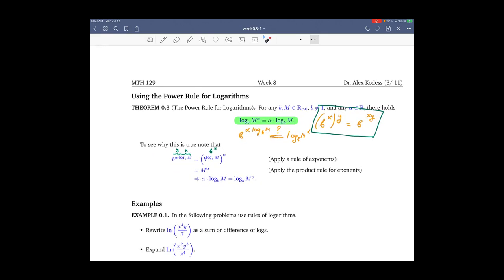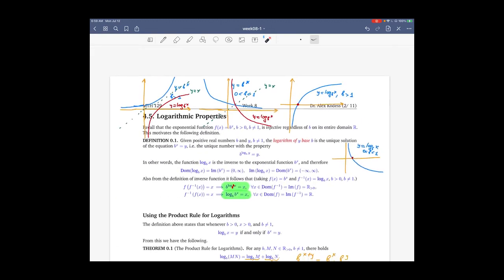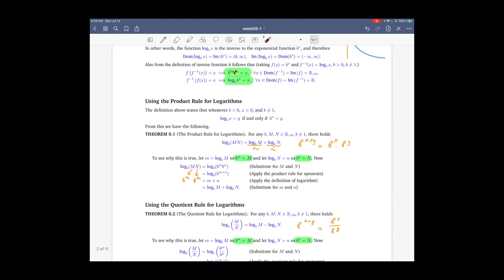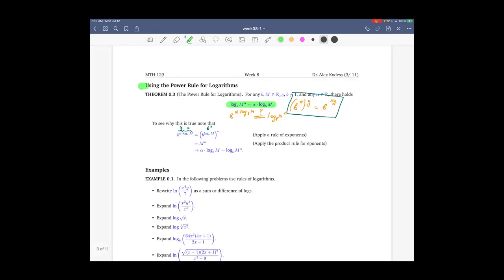Now, I should make an important comment about all these three rules that we've talked about: the product rule, the quotient rule, and the power rule.